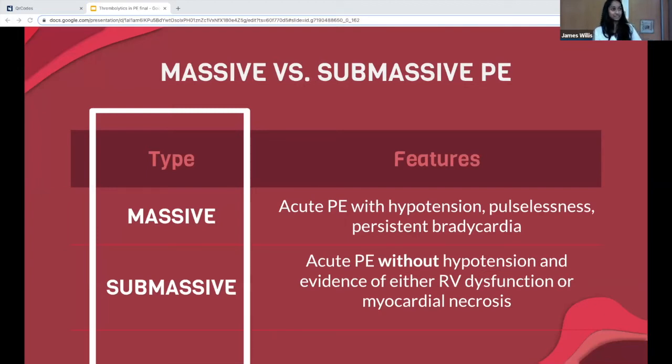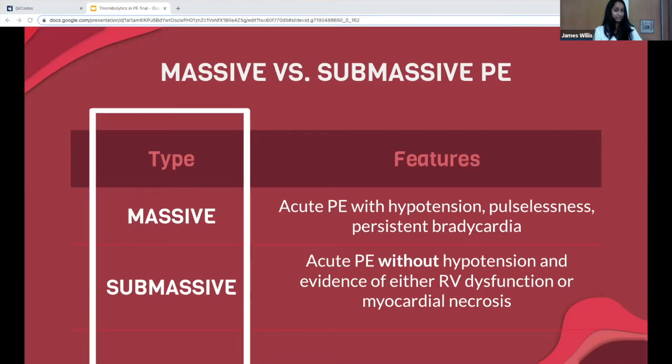In terms of massive PE, that would be described as acute PE with presence of hypotension without any other cause, such as sepsis underlying hypotension, or acute PE with persistent bradycardia, or acute PE with pulselessness.